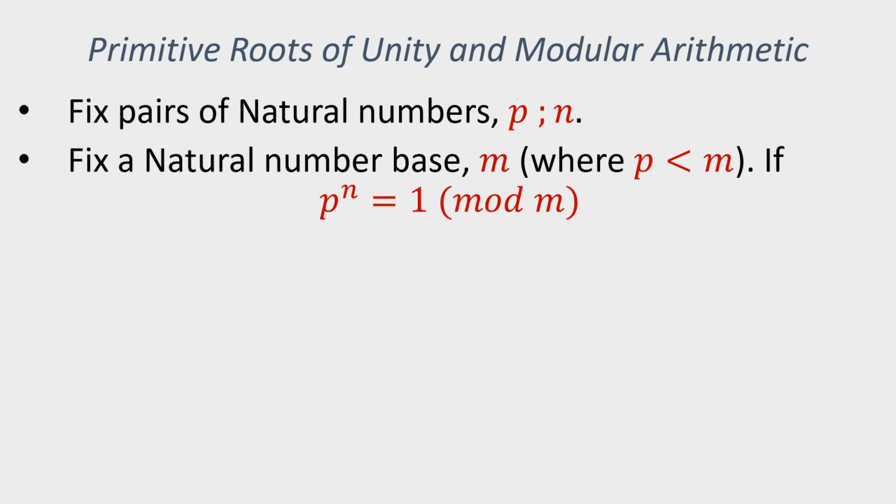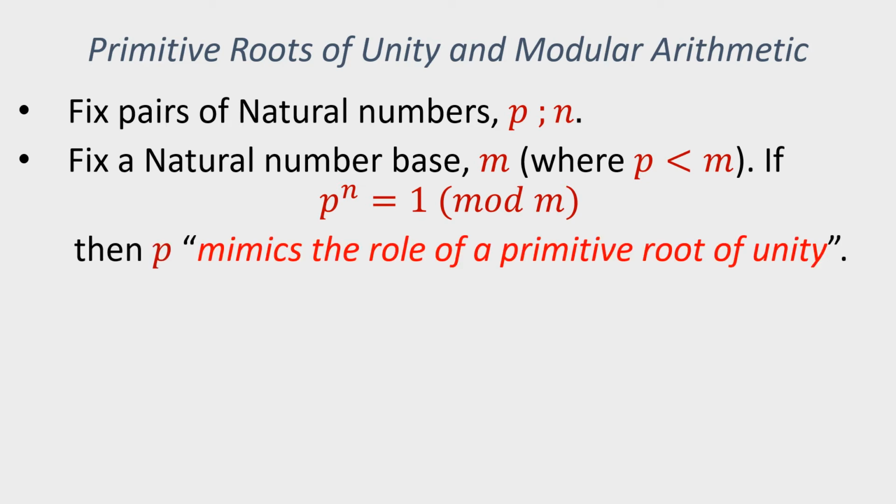Now, if it's the case that when we raise p to the power n and look at the result modulo m, the number base we're using, that can be equal to 1. And what is happening then is our number p that we raise to the power n and get the outcome 1 modulo m. That's mimicking the way in which a primitive root of unity in the complex arena is behaving.